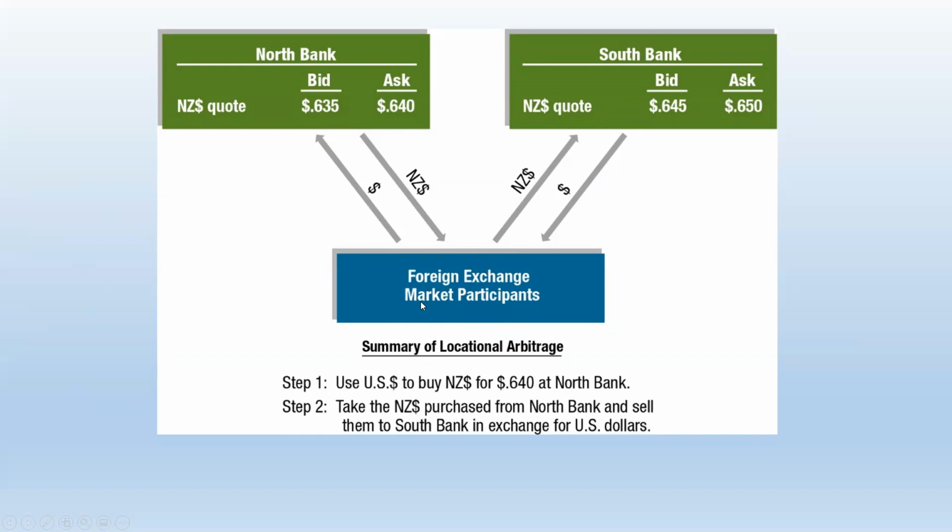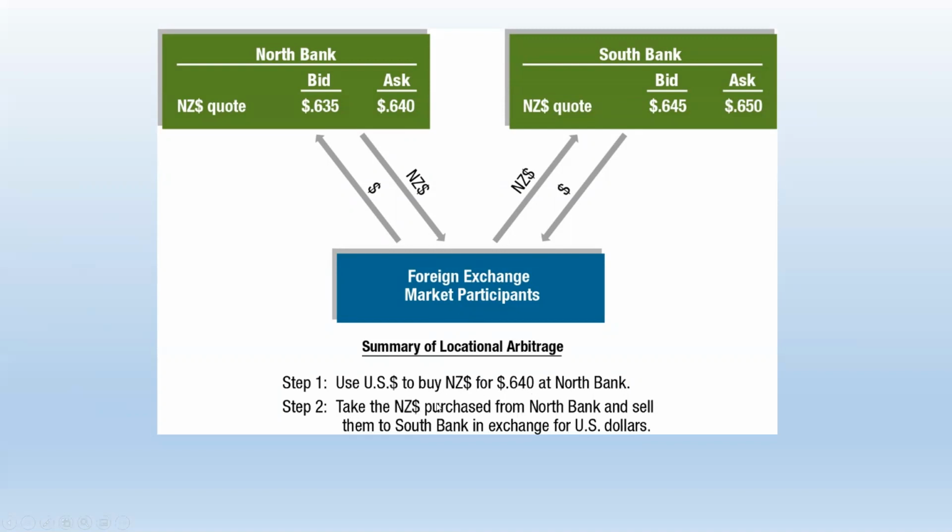Remember, when you buy the New Zealand dollar, you use the ask rate, because when you buy, the bank will sell. They will sell at a higher price, which is the ask quote. So the ask quote is $0.64.